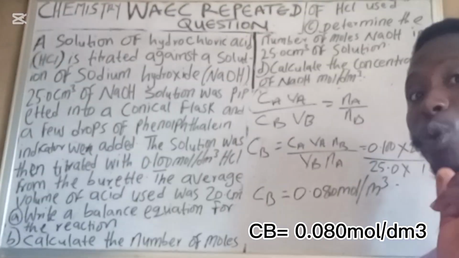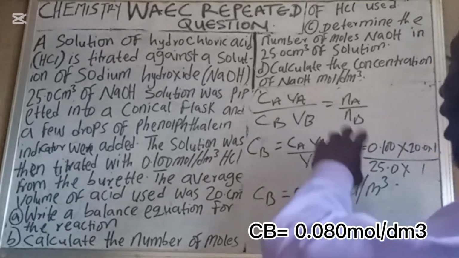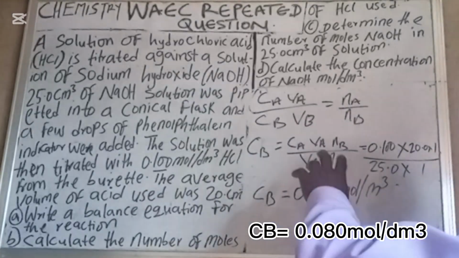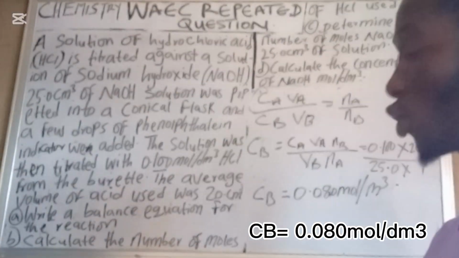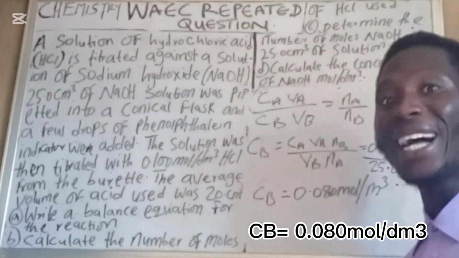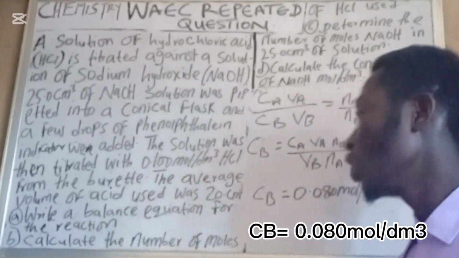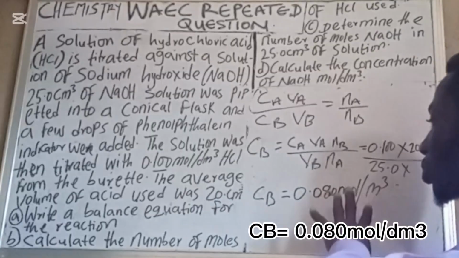What I want you to be careful of here is that in the other step, I converted the volume into dm cube, but this one we are not converting the volume into dm cube. So that is the difference between using that one and this one. This one, no need for you to convert the volume to dm cube.